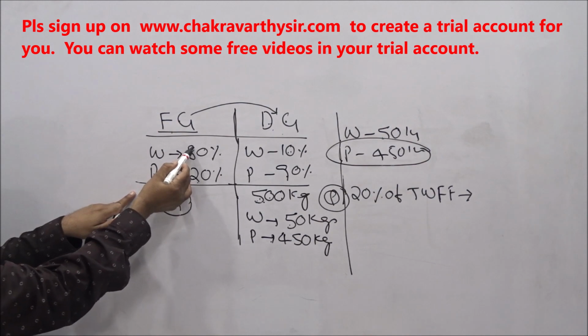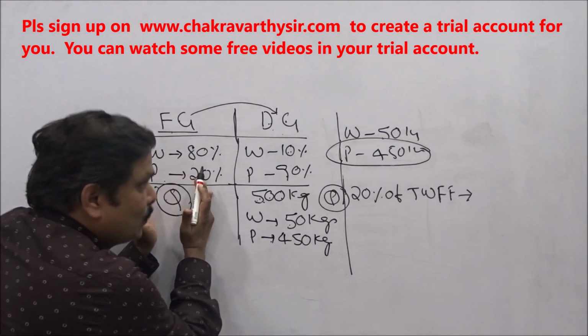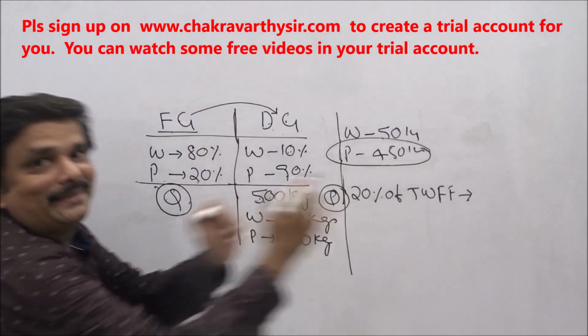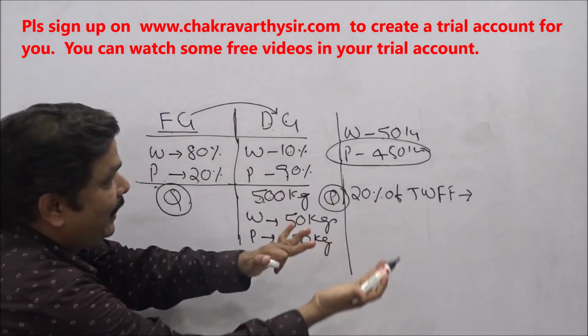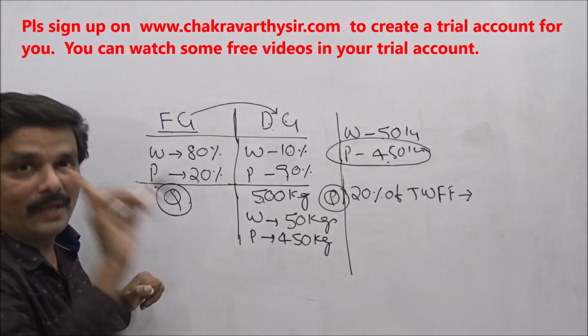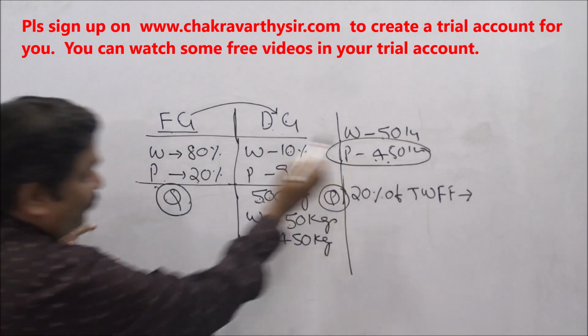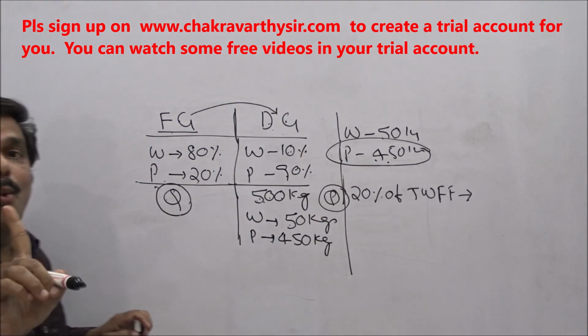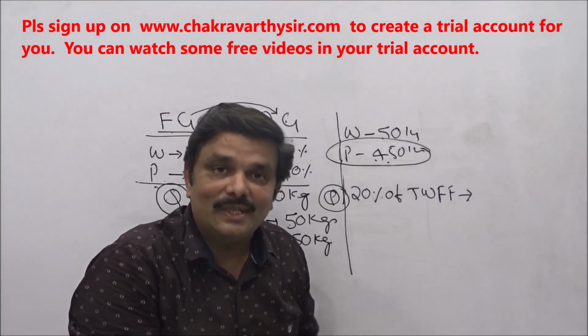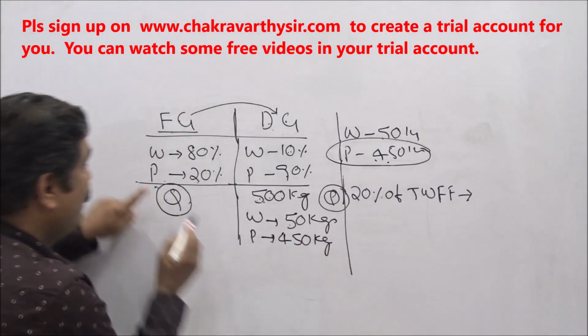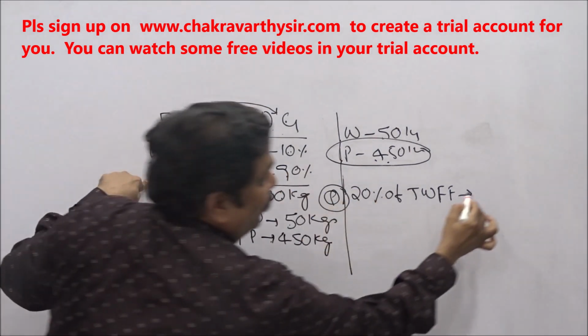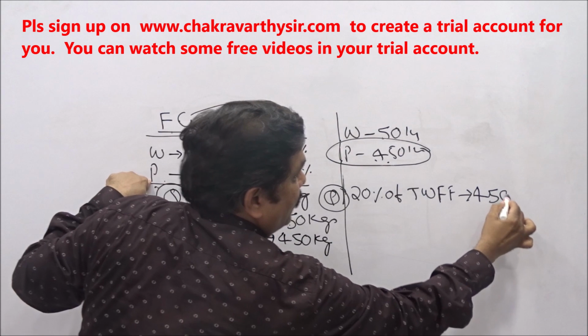From this status only, it went to dry status. When it is dried, pulp content was 450. That means even when it was fresh, pulp quantity was the same, that is 450 kgs. So this 20% is equal to 450 kgs.